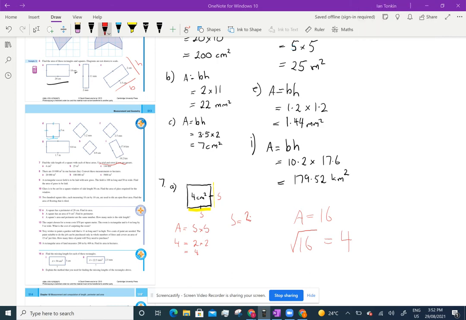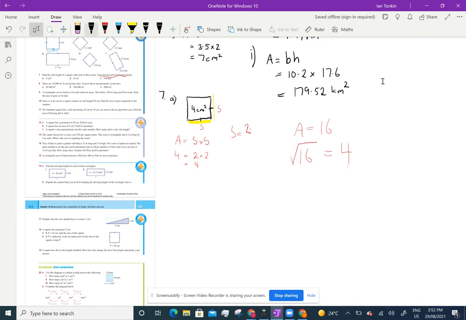You try 7b, because in 7b, it tells me that my square has an area of 25 meters squared. So if I want to find the side length, I think I'll just square root that 25.